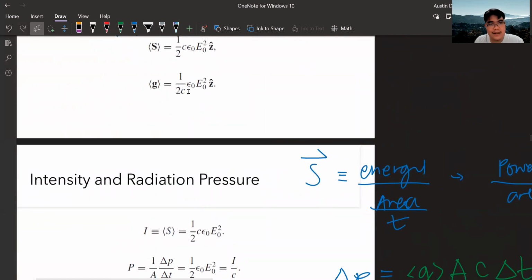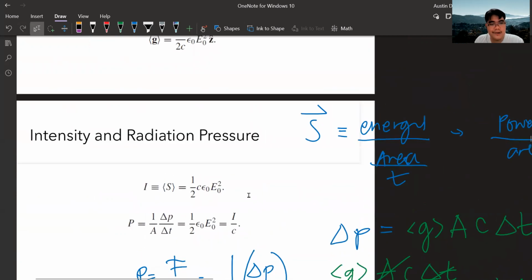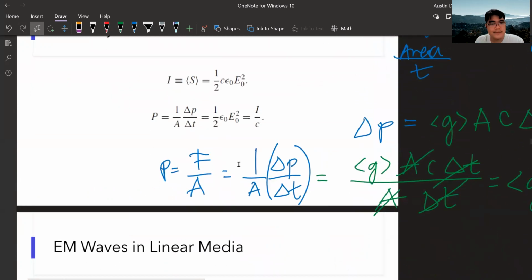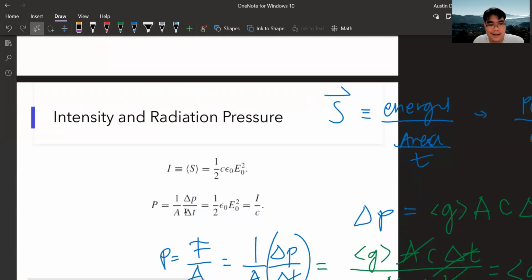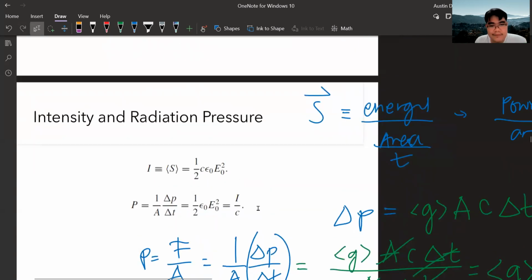Times C, so mawawala lang yung C. So, 1/2 epsilon naught, E naught squared. And that is this guy, time divided by C. Okay? So, ayan. Ayan. So, ito ay pressure na nararamdaman ng isang surface of area A when it is bombarded with light. Okay? Amazing na. So, may pressure na nararamdaman dun.